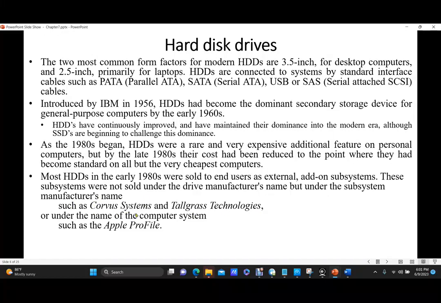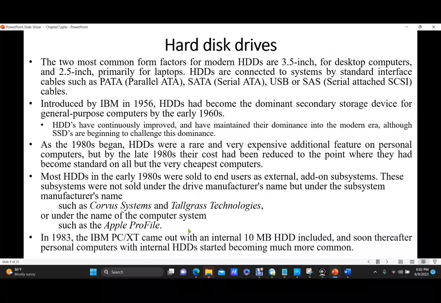They were also sold under the name of the computer system, Apple Profile. In 1983, the IBM PC XT came out with a standard internal 10 megabyte hard disk drive, and soon thereafter, personal computers with internal hard disk drives were becoming much more common.